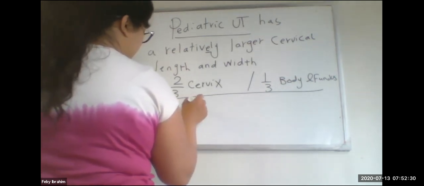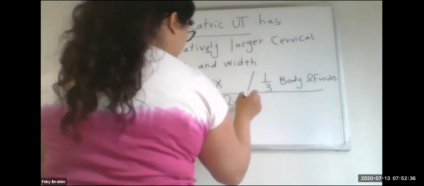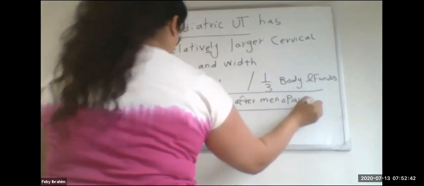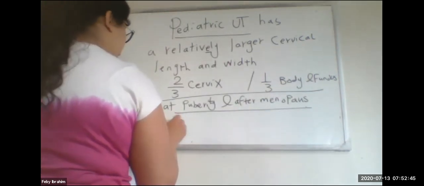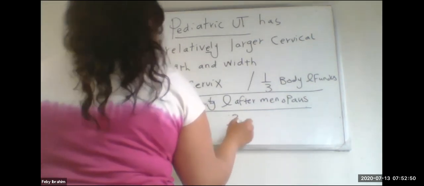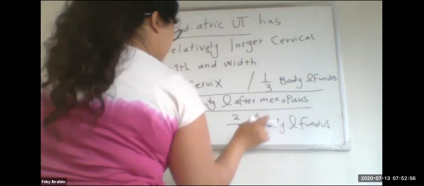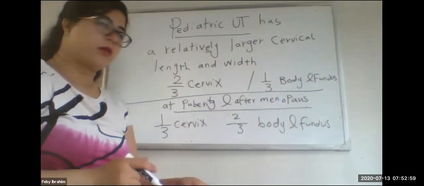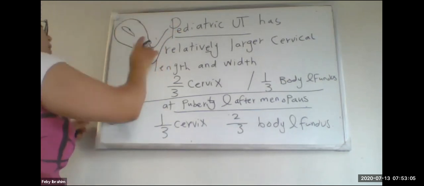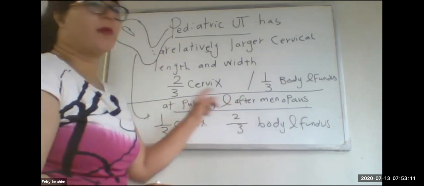At puberty and after menopause, the cervix accounts for 1/3, and the body and the fundus account for 2/3. So this is how the uterus looks at puberty, or how it looks in a postmenopausal patient.